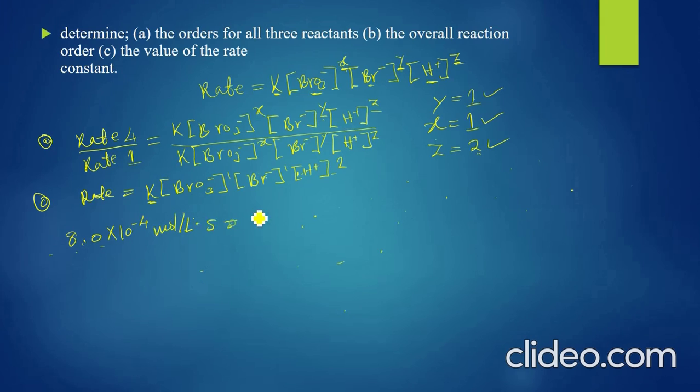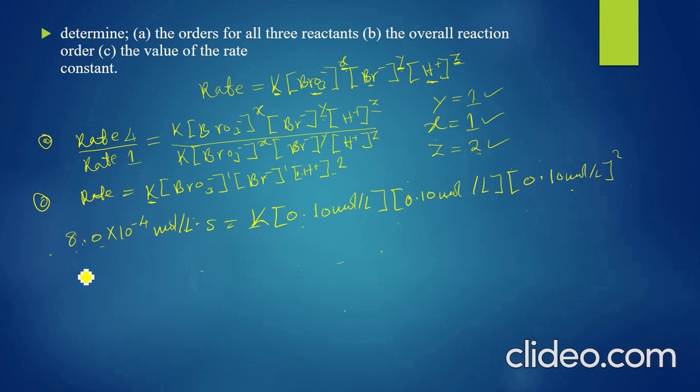is equal to the rate constant K, the one we're looking for, and then the initial concentration in experiment 1 is 0.10 mole per liter like that, and then the initial concentration for bromide is 0.10 mole per liter like that, and then the initial concentration for hydrogen ion according to the table is 0.10 mole per liter like that, raised to power 2.